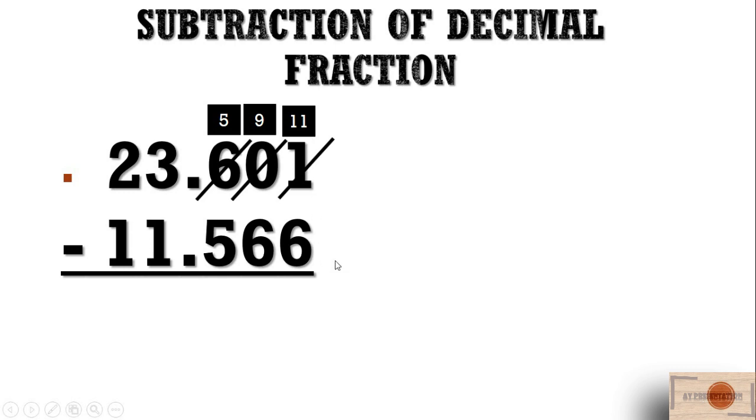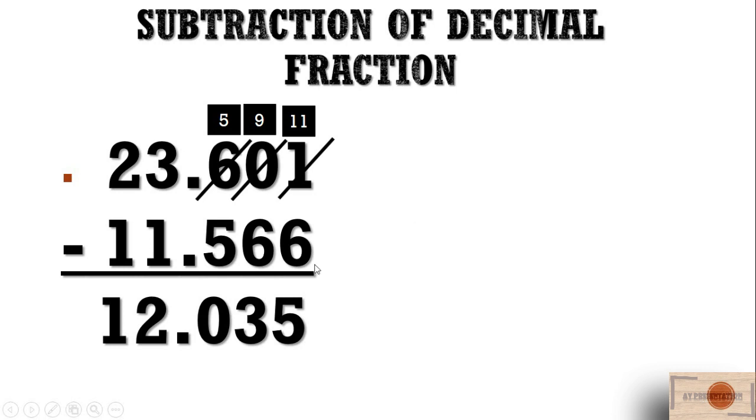So 11 minus 6, then 5 is left, and here 9 minus 6 is 3, and 5 minus 5 is 0. Then the decimal point is put there. 3 minus 1 is 2, and 2 minus 1 is 1.